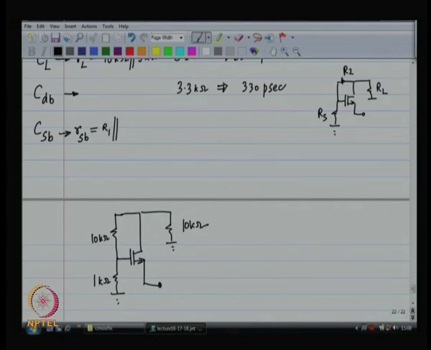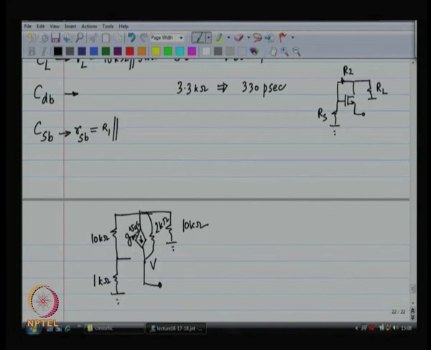Something like this is what we have got, and of course, you replace the MOSFET with GM and RDS. Okay. So, you have applied V at the source, and you want to find out what is the current going into the source?